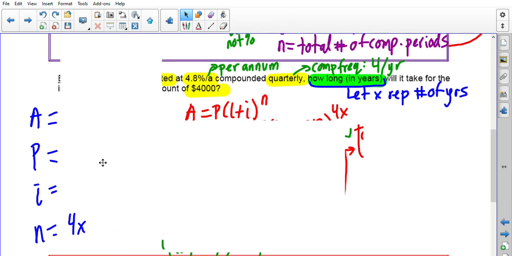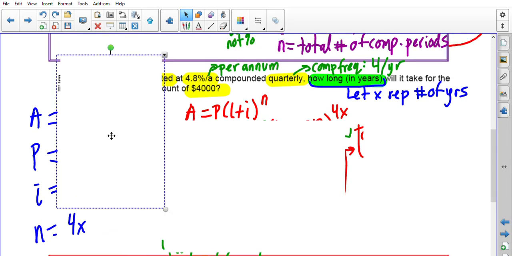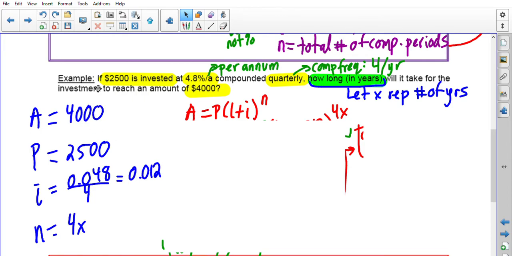So what else did they tell us? They told us that we want the investment to reach $4,000, so A is 4,000, the future value. P is 2,500, the amount invested. And for little i, 4.8% in decimal form is 0.048.